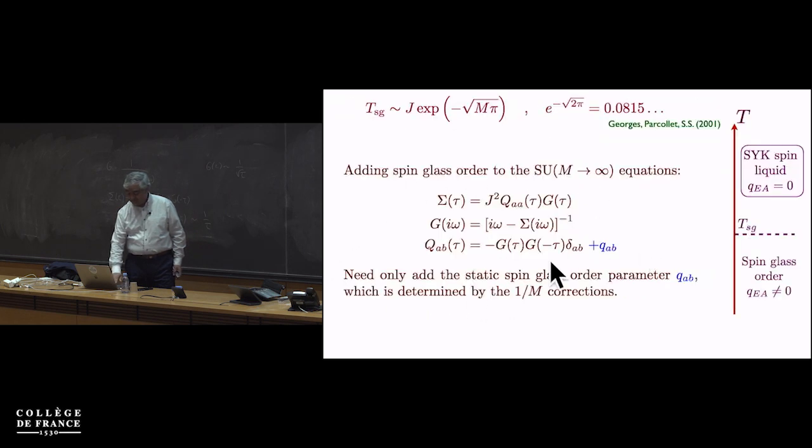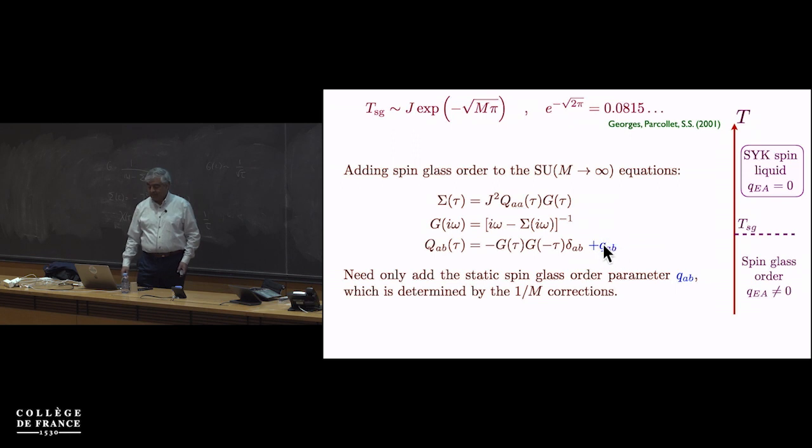Basically, these same equations that I wrote down over here only require one additional term, which is this QAB. And that's the Edwards-Anderson spin glass order parameter. Determining QAB requires more analysis, which you can read our paper about.